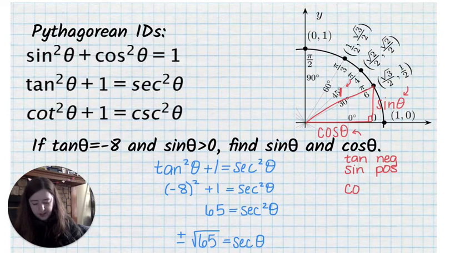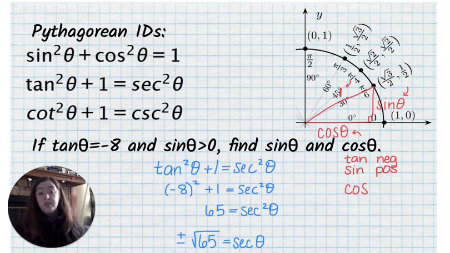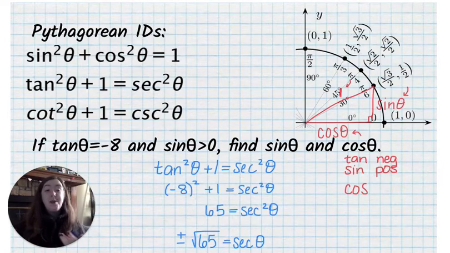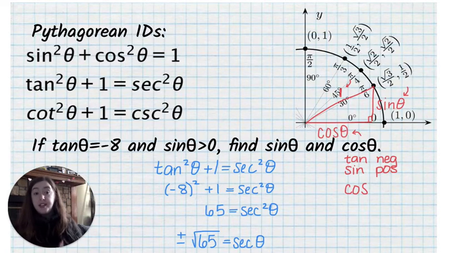Now we have to figure out what is cosine. The reason we're concerned about the sign of cosine, or the positive or negativeness of cosine, is because, remember, secant is the reciprocal of cosine. So whatever sign cosine has, secant will have the same one.